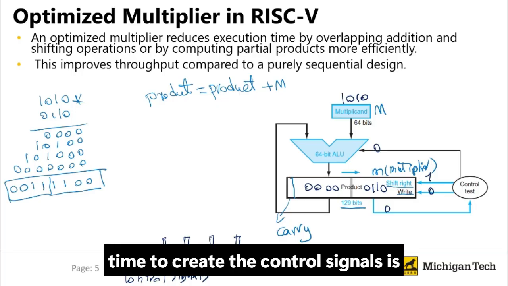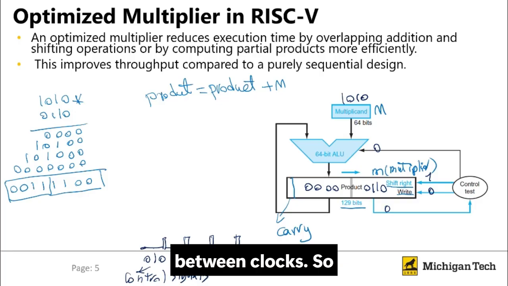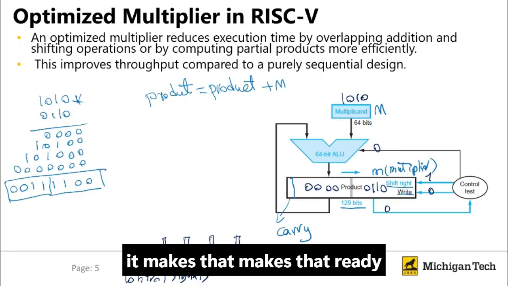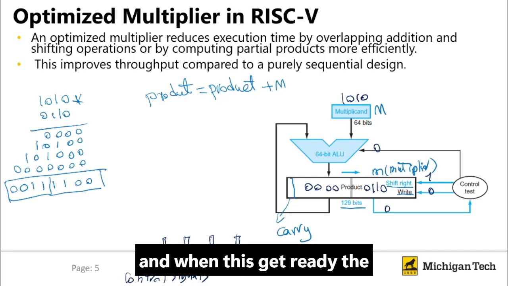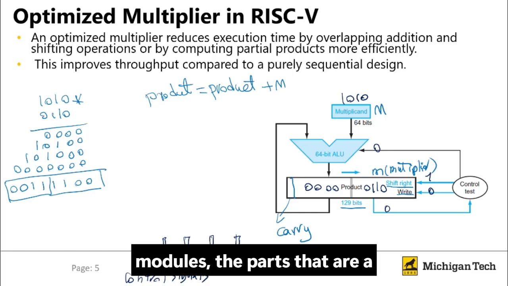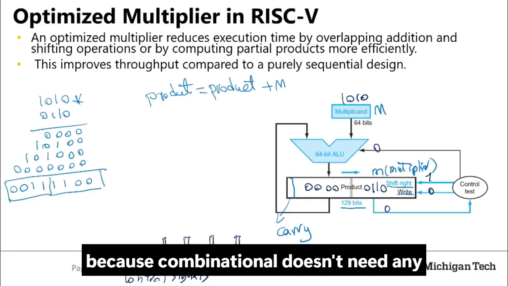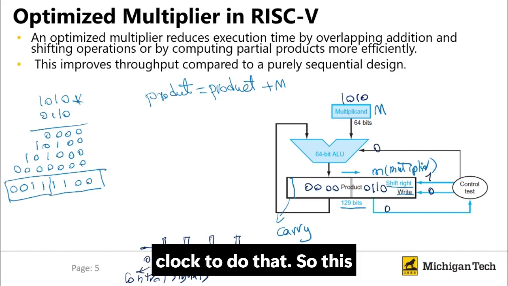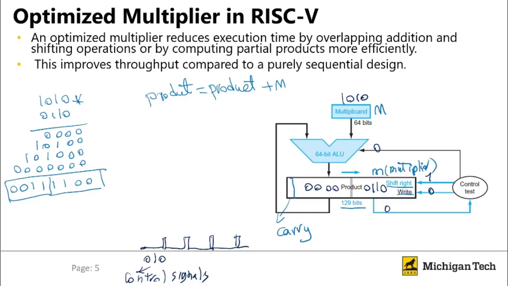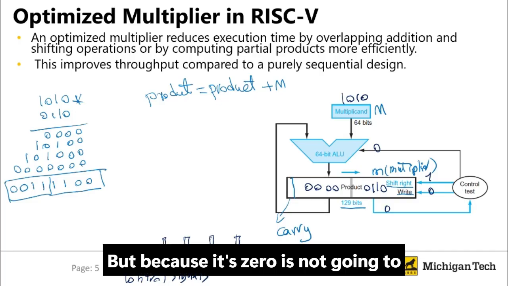The time to create the control signals is between clocks. So it makes them ready. And when they are ready, the combinational modules can do their job, because combinational logic doesn't need any clock. So this ALU can start working. But because it's 0, it's not going to do anything.